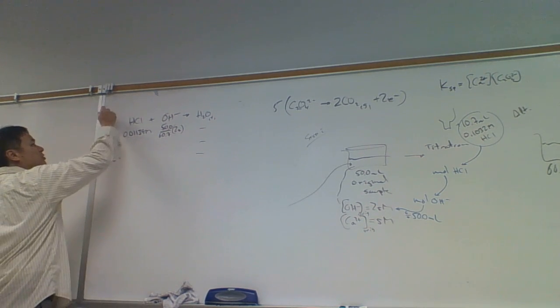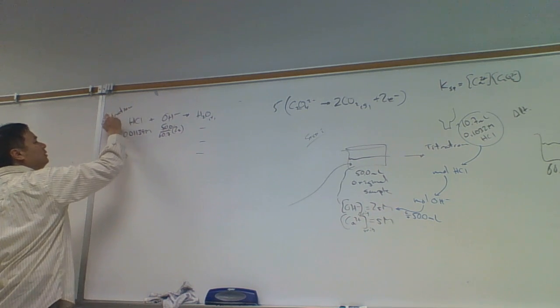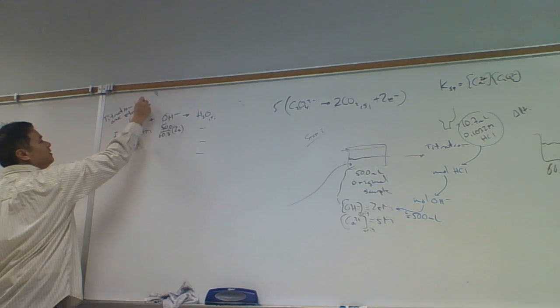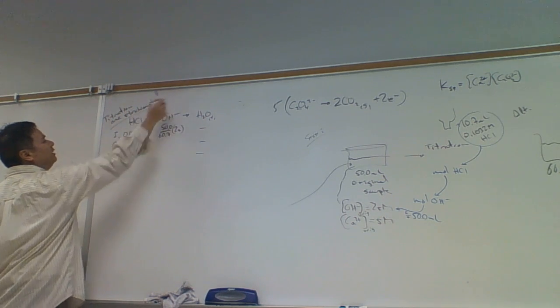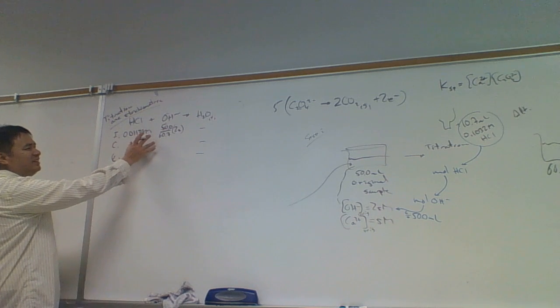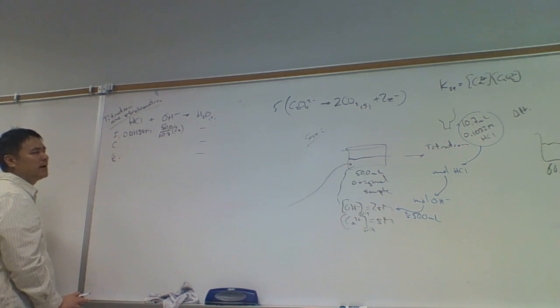Titration reactions are stoichiometric. We want to hit the end point, which should be very close to the equivalence point. Hopefully they're the same thing. The equivalence point is when we have equal amounts of reactant. So we're going to say we hit the equivalence point here.